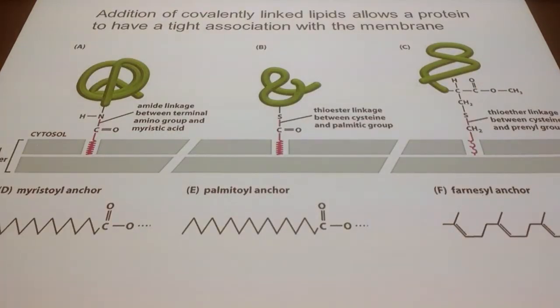Addition of lipid is covalent modification. Acetylation is covalent modification. Ubiquitination is covalent modification, right? They're all covalent modifications because all of these things involve the addition of a small group or molecule connecting to the protein by a covalent bond. So far, so good.